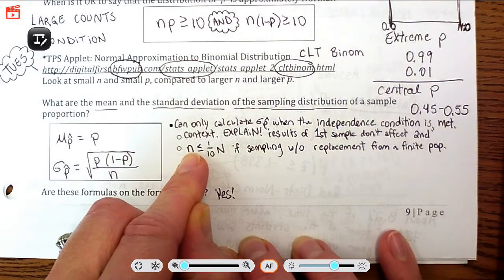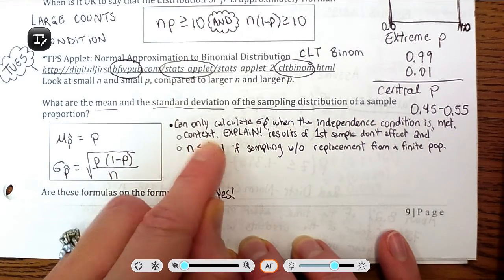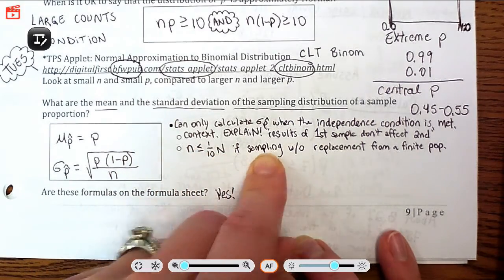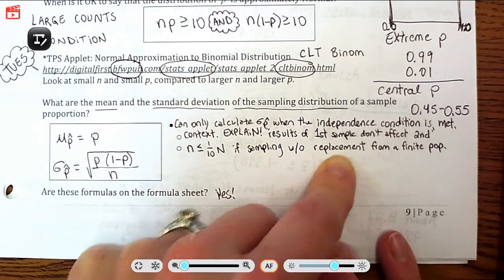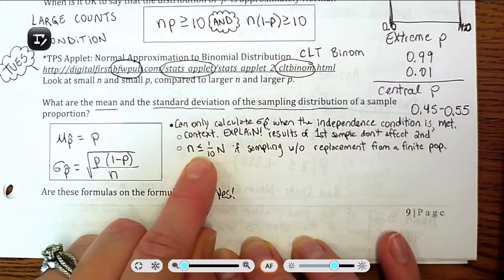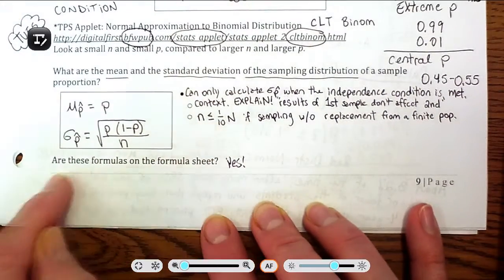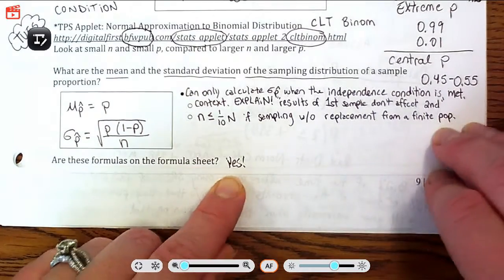Or, if we're sampling without replacement from a finite population, that the sample size is less than 1/10 of big N, that is, less than 10% of the population. Okay, these formulas are on the formula sheet.